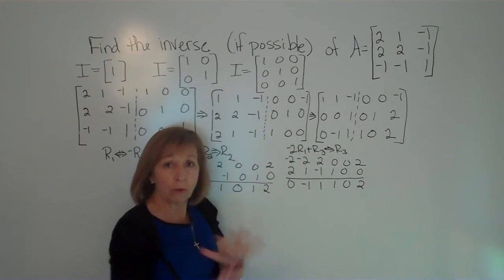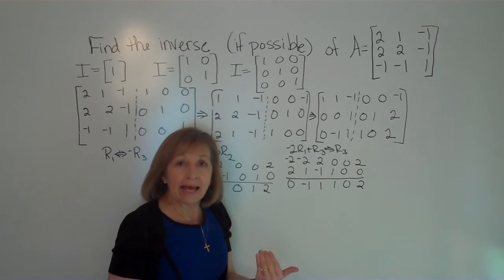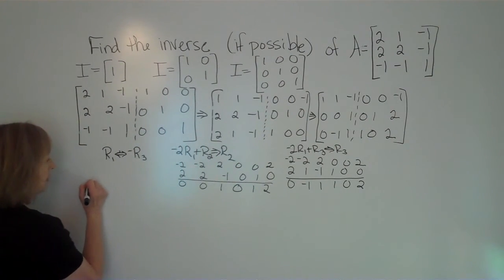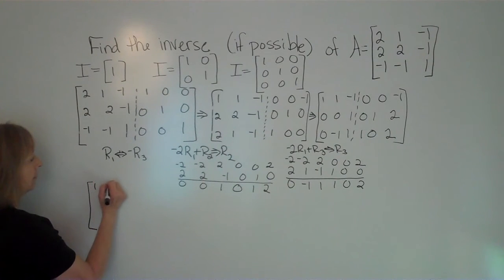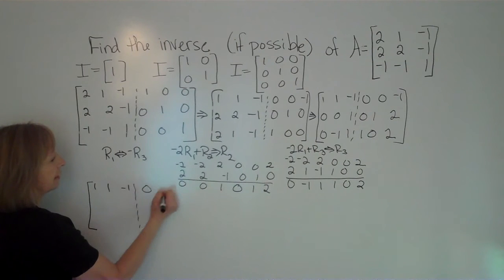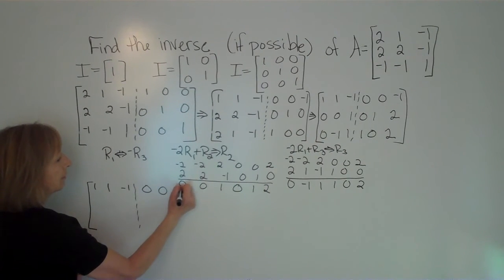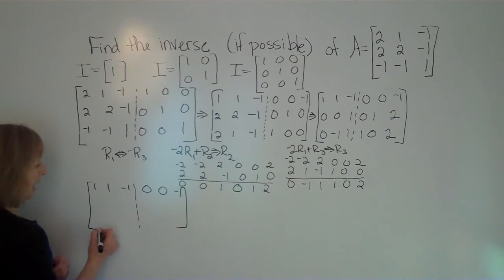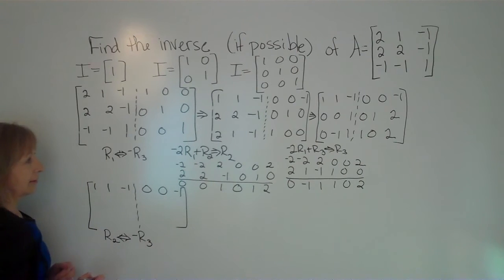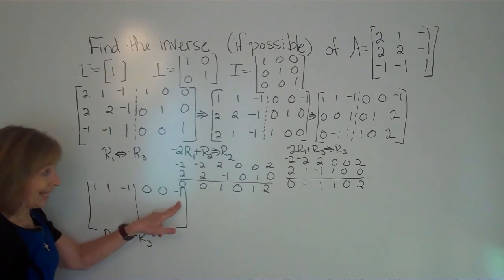Now notice my row 1 is not going to be used in that step, so I will write it in first so I don't miswrite the other rows as we go. Okay, and we're taking row 2 and interchanging it with the opposite of row 3. So the opposite of row 3 is what I'm going to write in row 2's slot.